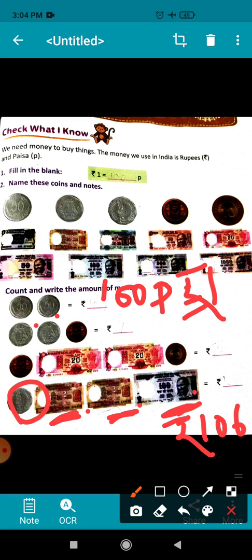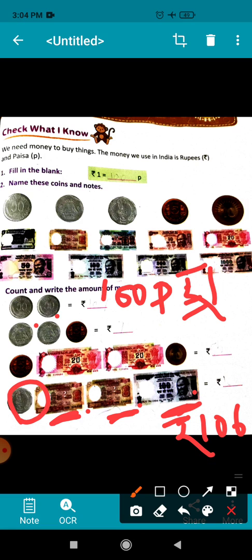Now similarly here you can see a 100 rupees note, a 2 rupees note and a 2 rupees note. So 100, 2, 4, and this is also a 2 rupees coin. So this will be rupees 106. Okay, so similarly we can calculate the money.